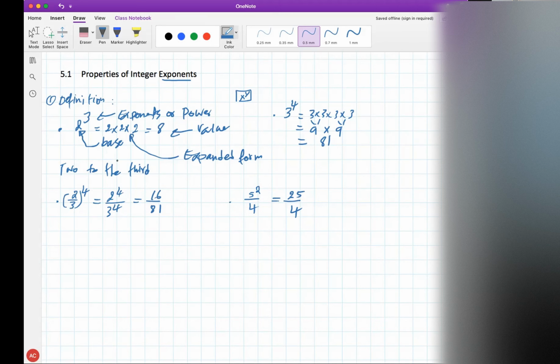Okay, so that's basically a little introduction to powers. Now let's see what happens if you have negative numbers. You may have a negative here in the expression or a negative here in the power. So let's start with negative bases.